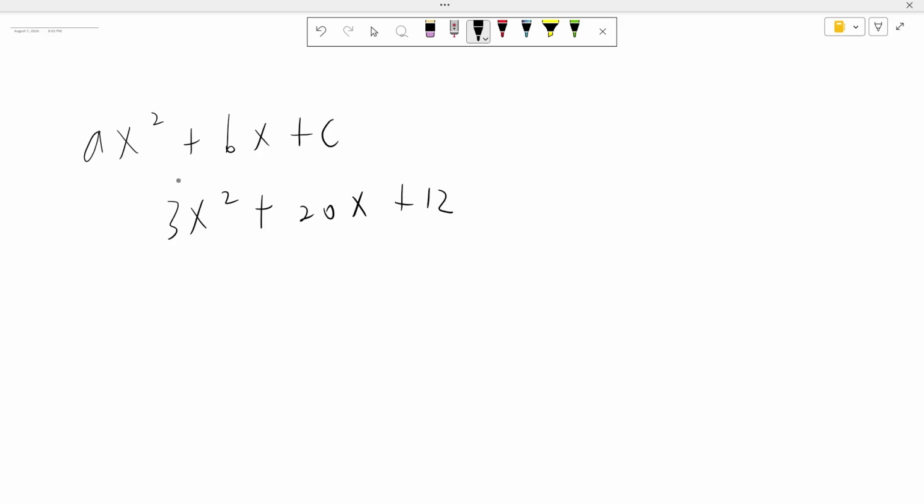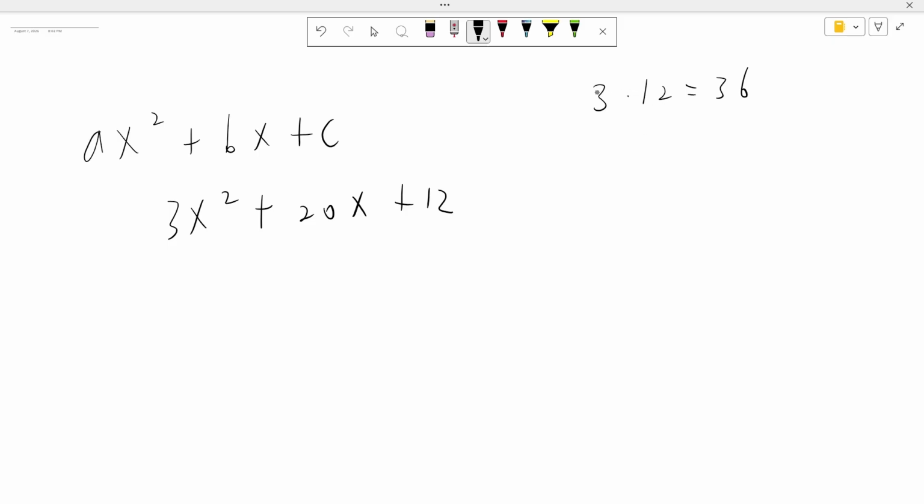So you multiply 3 times 12 to get a number, and you have to find two numbers that multiply to this number and also add to b, add to 20 here. So just by me saying that, 3 and 12 could be the right two numbers.